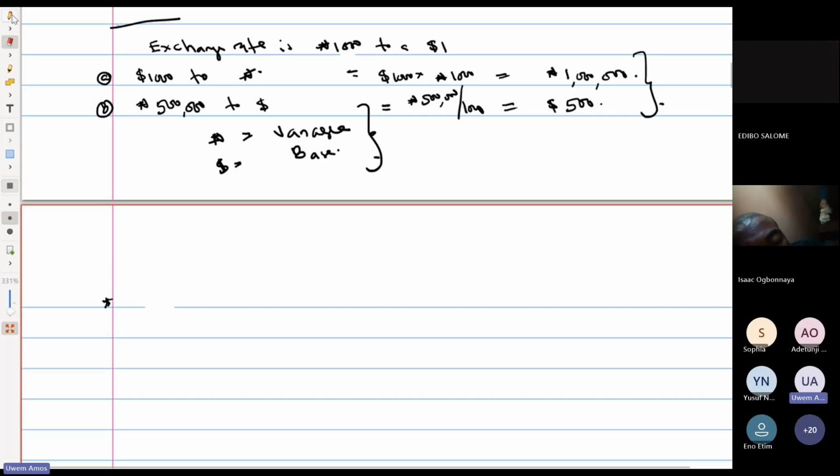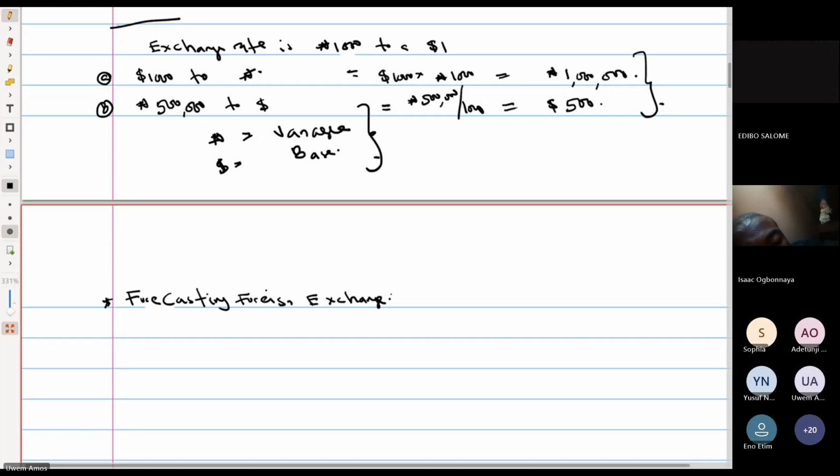The principle of forecasting foreign exchange.